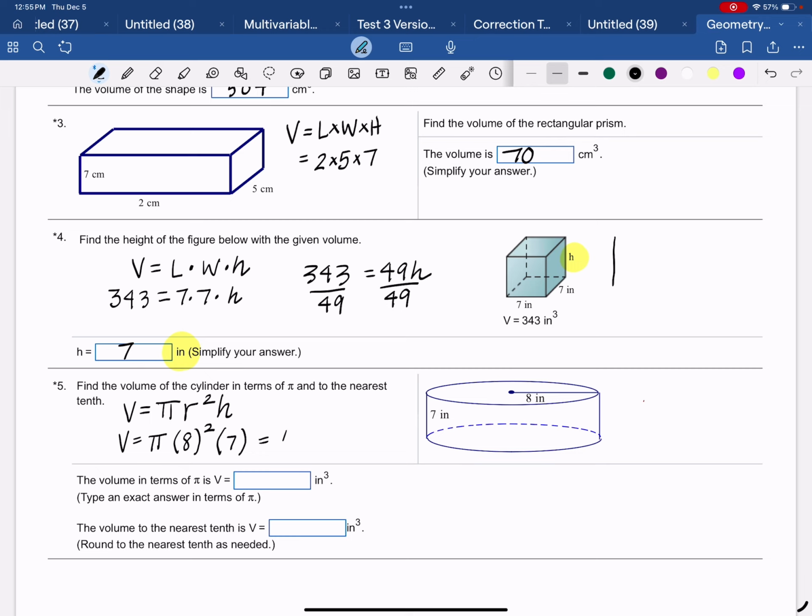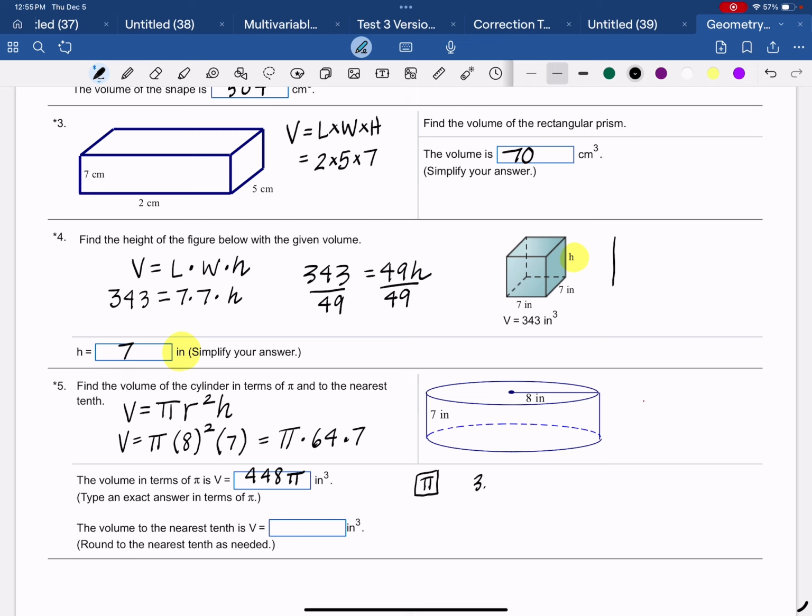So that's pi times 64 times 7. So leaving the pi, 64 times 7 is 448 pi cubic inches.